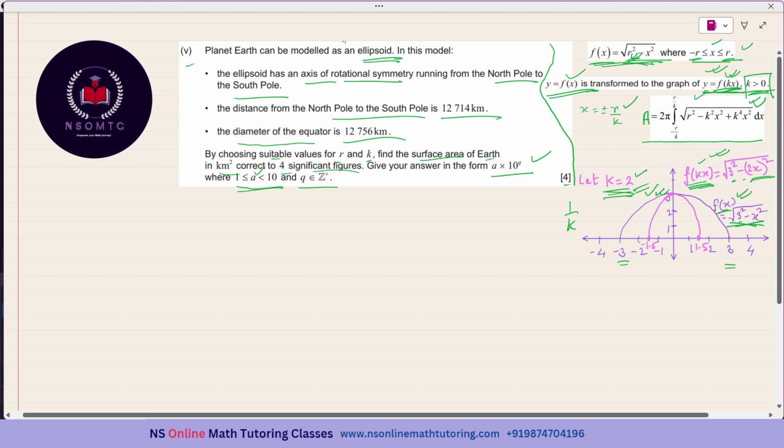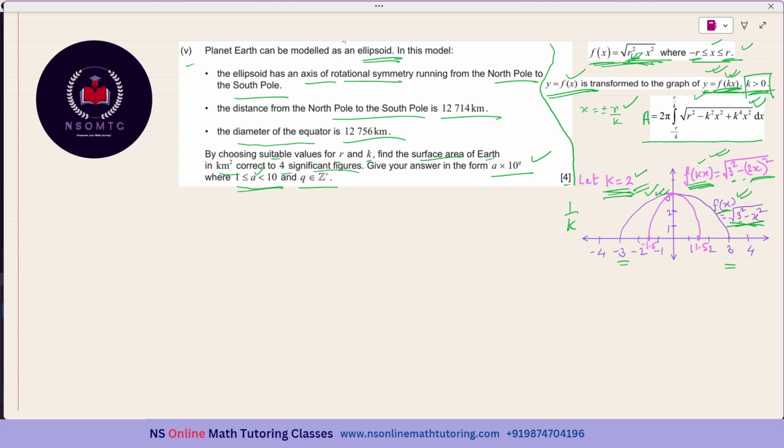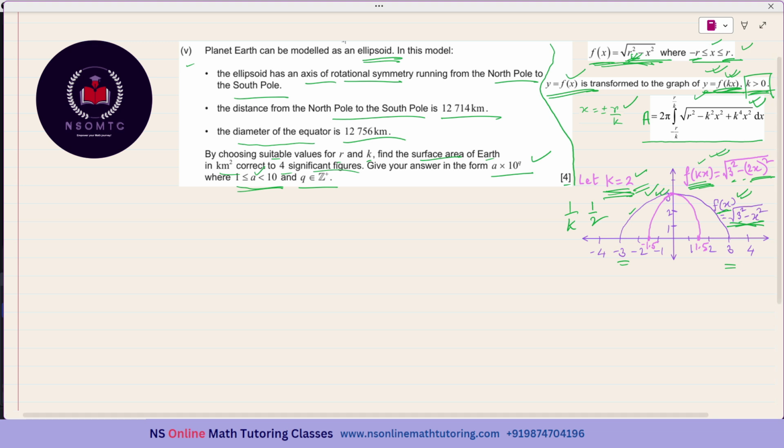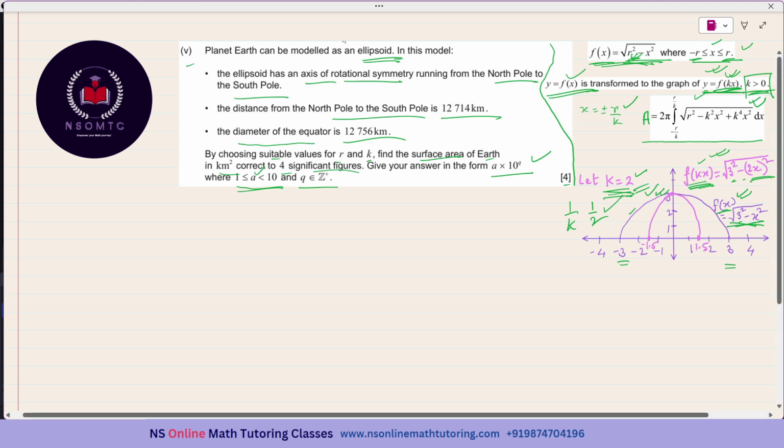Therefore, the x-coordinates of every point lying on the semicircle will be getting multiplied by half. The y-coordinates will be staying as it is. The y-coordinates will not get disturbed. Only the x-coordinates will change, and every original x-coordinate will get multiplied by half.